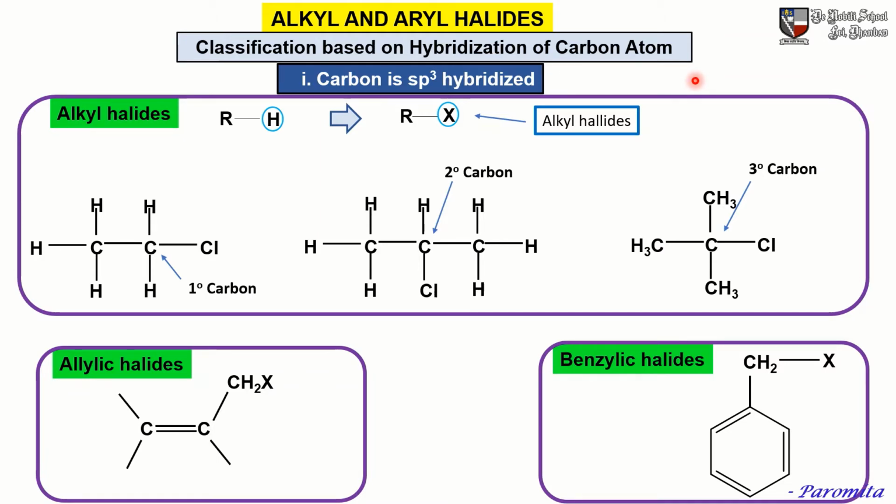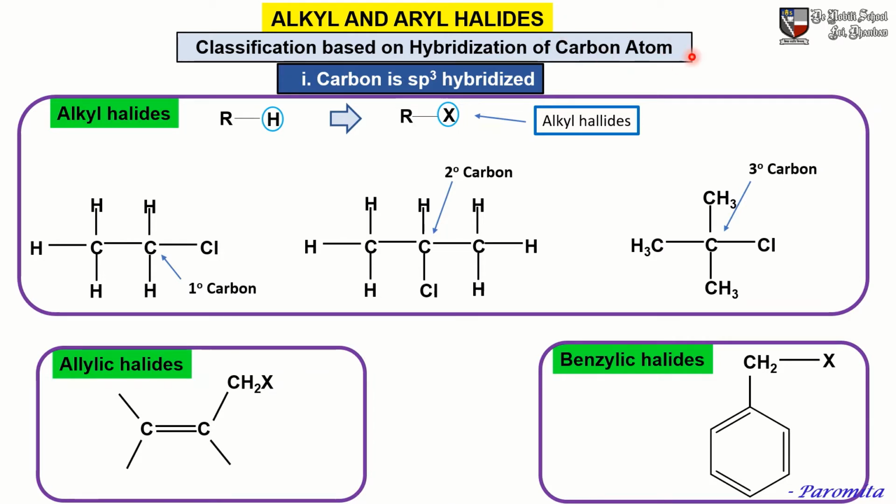Monohalogen compounds can further be classified based on the hybridization and nature of the carbon atom to which the halogen is directly attached. We will start with monohalogen compounds and let us see the classification of these monohalogen compounds based on the hybridization of carbon atom. Which carbon atom?